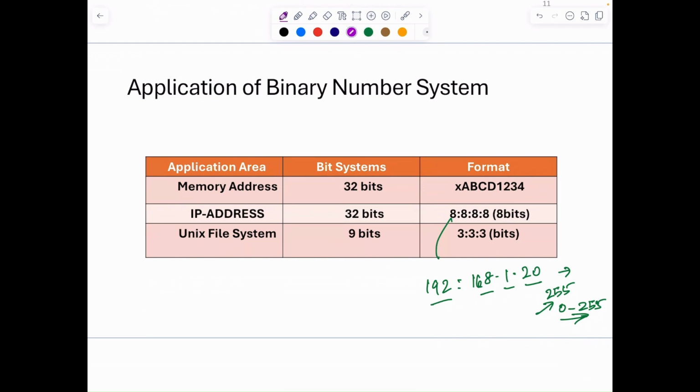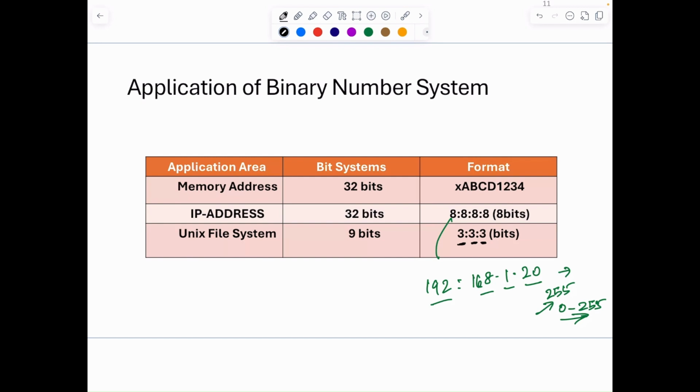Likewise, with the IP address, we deal with 32 bits, right? For example, we have an IP address something like 192.168.1.20. So all these parts are 8 bits.